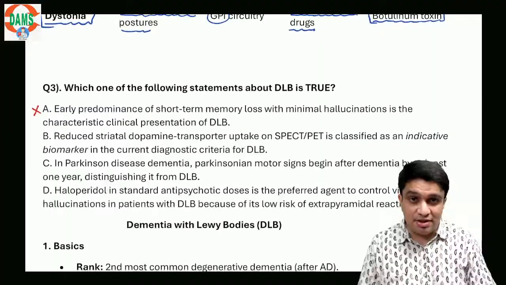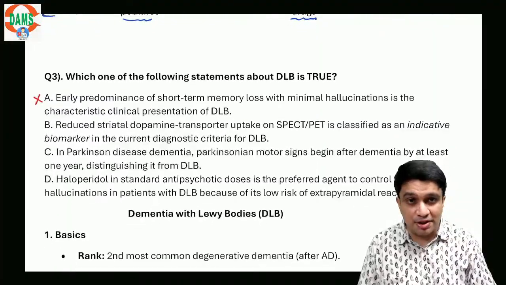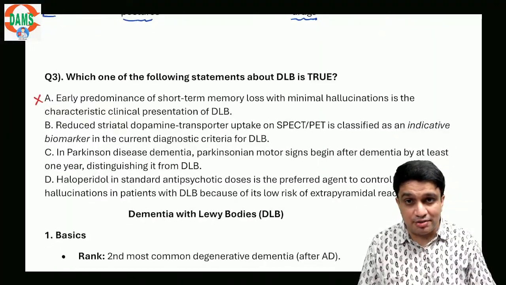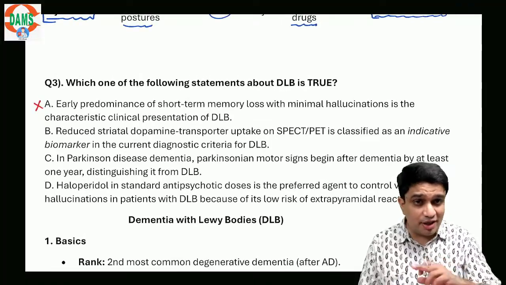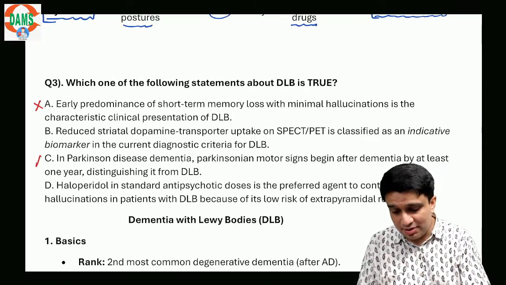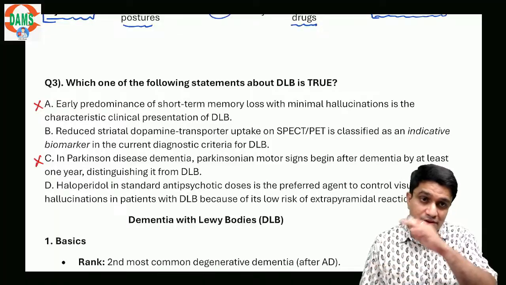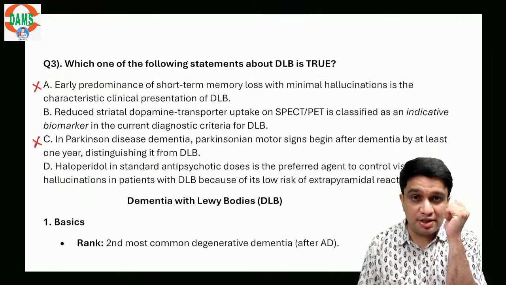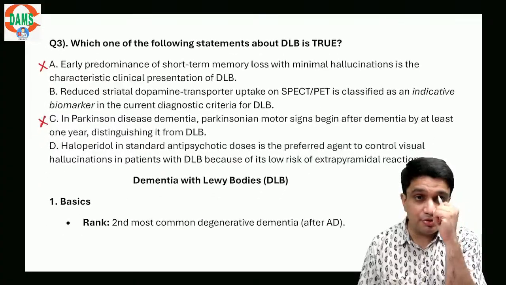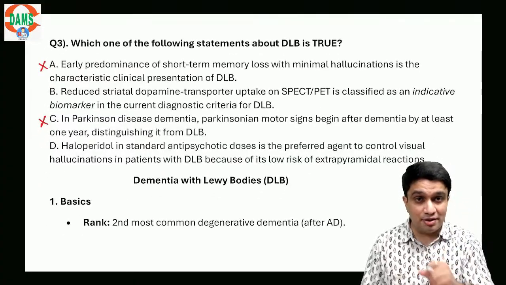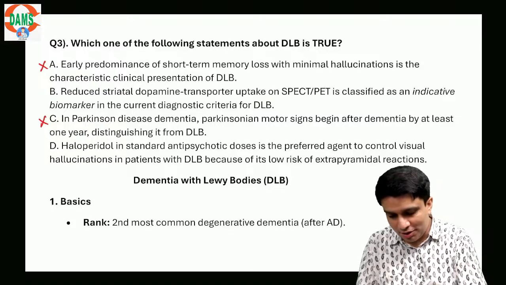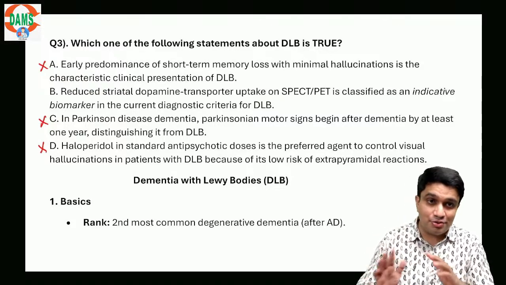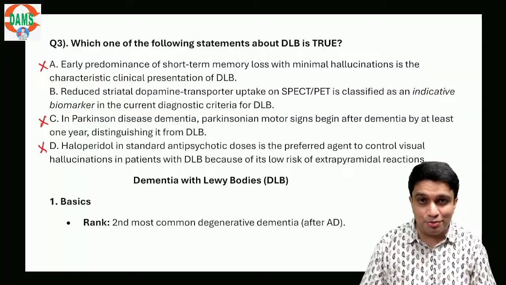In Parkinson's disease dementia, Parkinsonian motor signs begin after dementia by at least 1 year, distinguishing it from DLB. It's the opposite. Remember, in Parkinson's, all the motor symptoms happen first and then the memory loss comes in. Haloperidol in standard antipsychotic doses is preferred to control visual hallucination in DLB. No, I'll talk about this also. It's a double-edged sword, using haloperidol and levodopa. This is a different story.